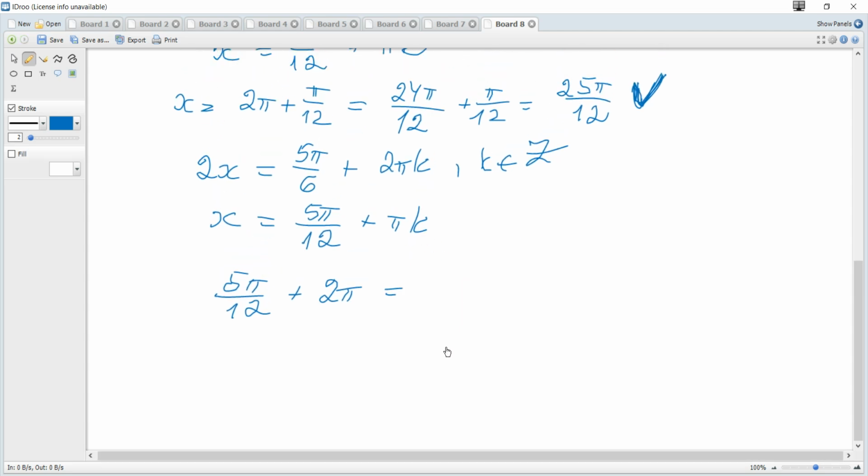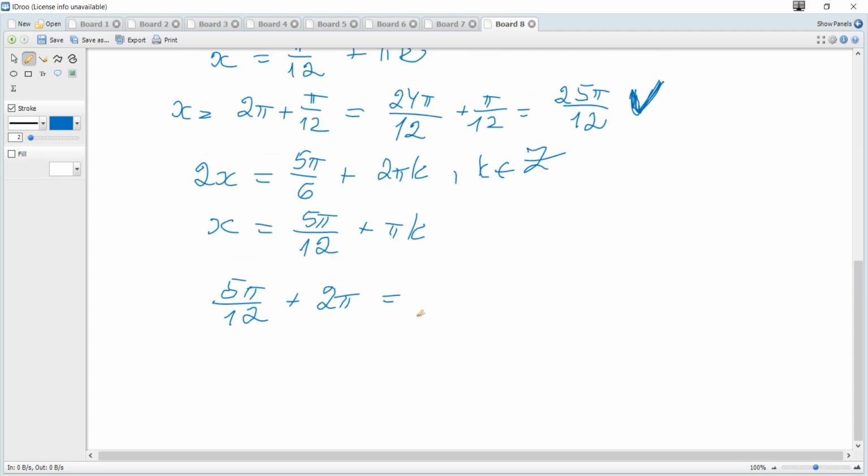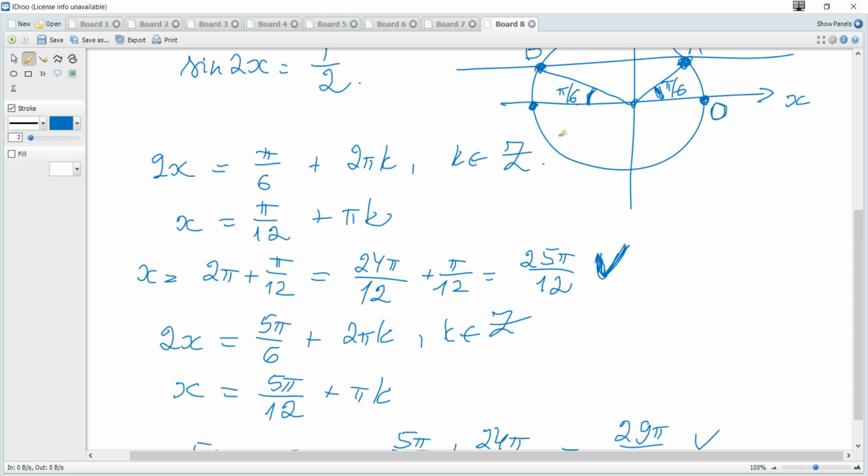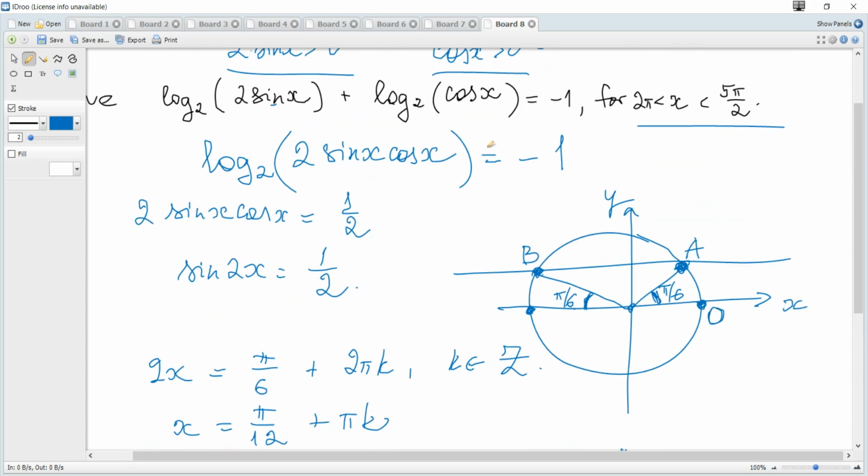And let's do a common denominator. So it's 5 pi over 12 plus 24 pi over 12. So together it is 29 pi over 12, and also it will be in the first quadrant.